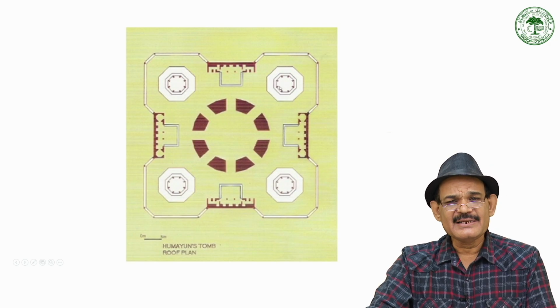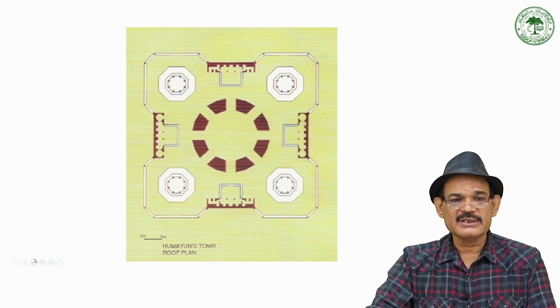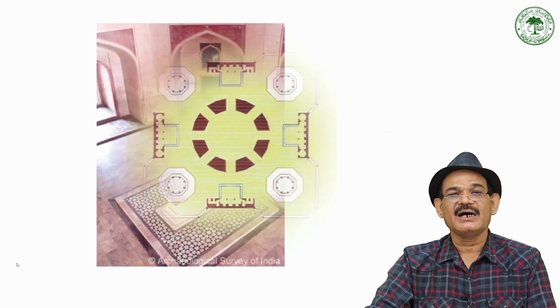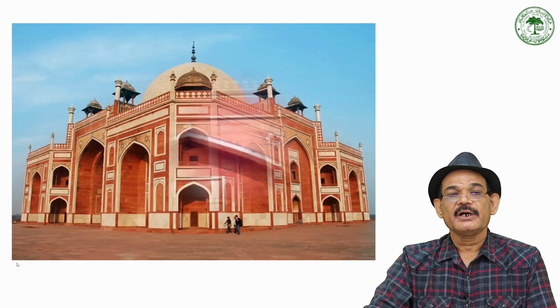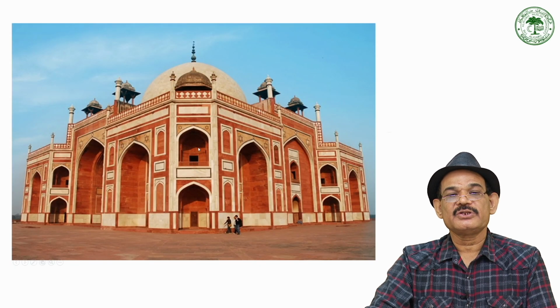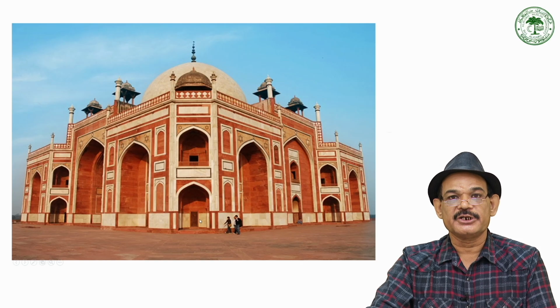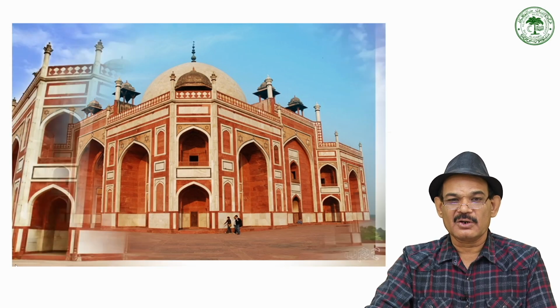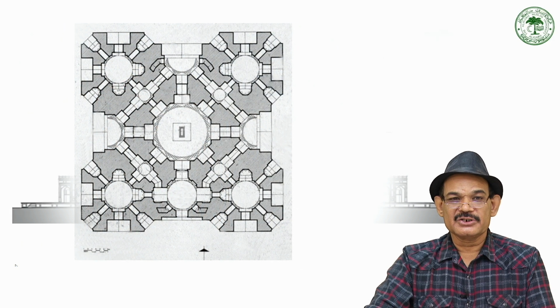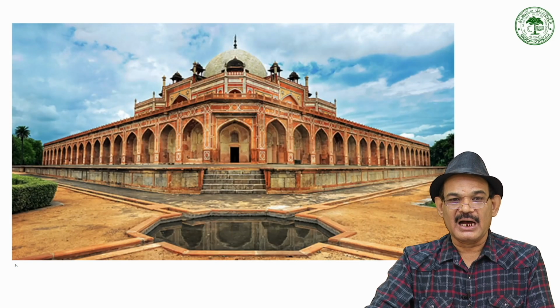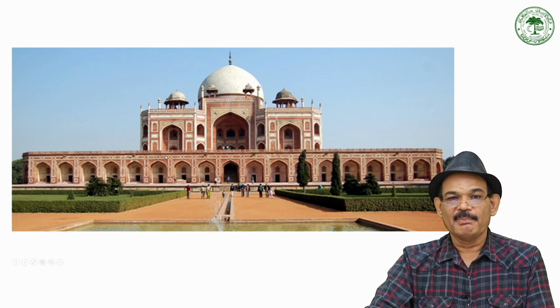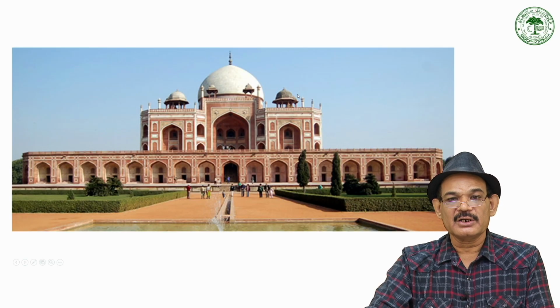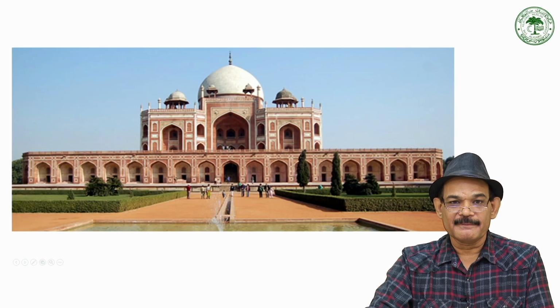And so far as the corner chambers are concerned, they are double storied. If you pay attention, these chamfered corners containing double alcoves, these two alcoves provide access to the double-storied corner chambers. And these double-storied corner chambers are surmounted by an octagonal domed pillared pavilion.